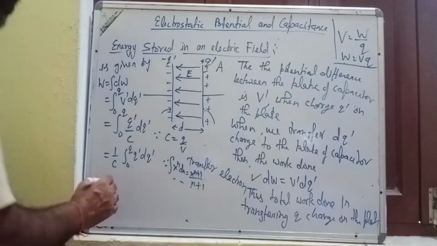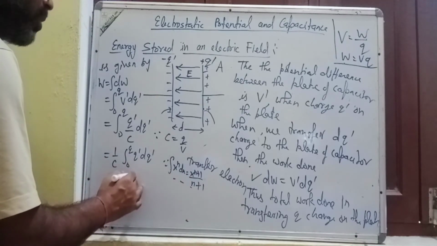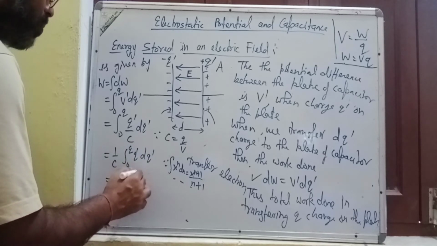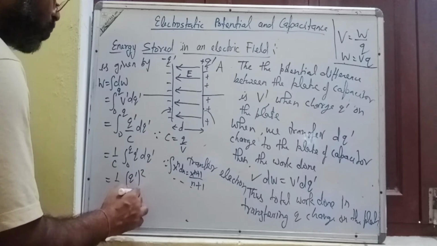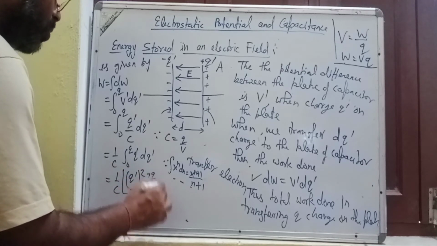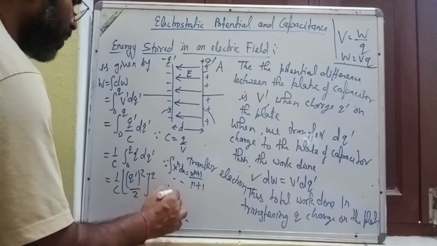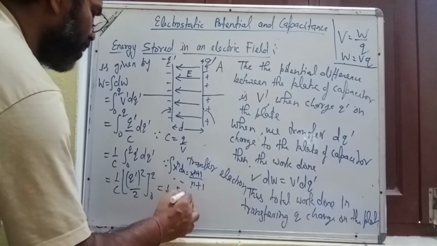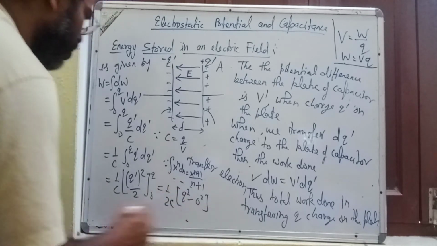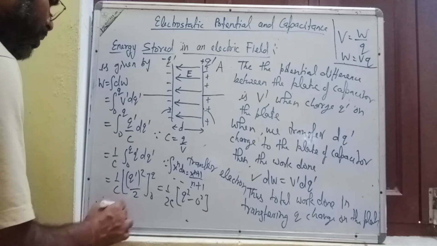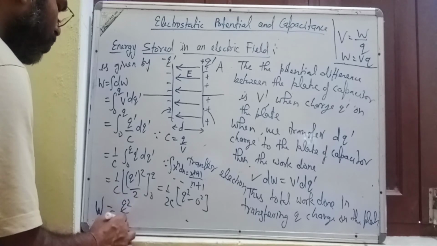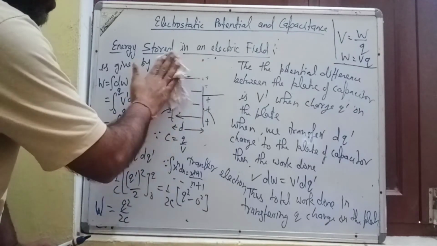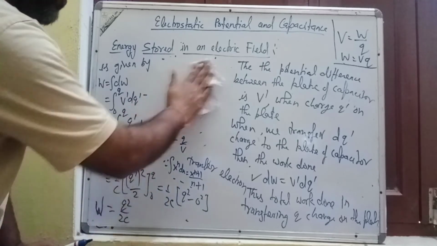Using this formula, we get 1 by C times q dash squared by 2, with limits 0 to Q. Putting in the limits, we take 2 outside: 1 by 2C, and Q squared minus 0 squared. So the work done is W equal to Q squared by 2C, and this work done is stored in the form of energy between the plates of the capacitor.